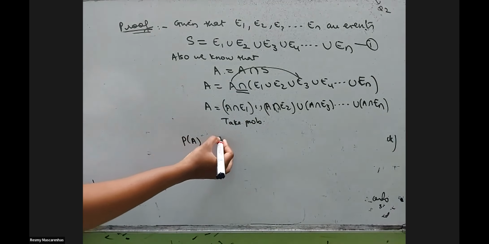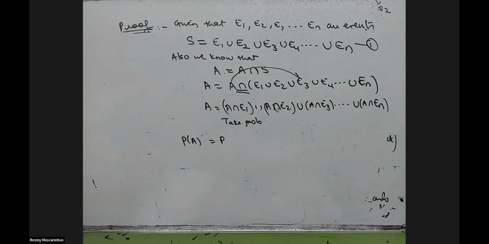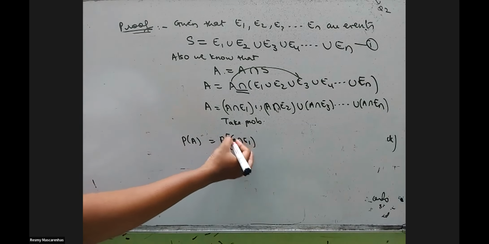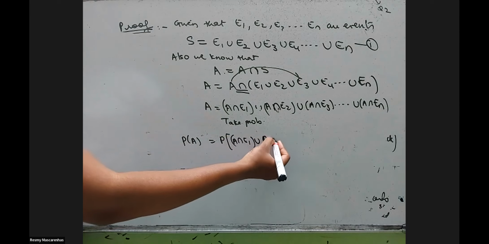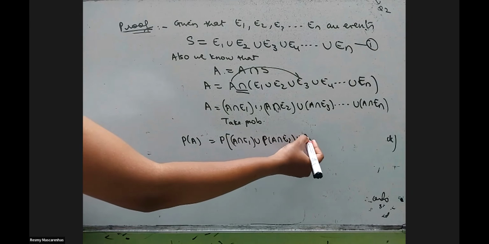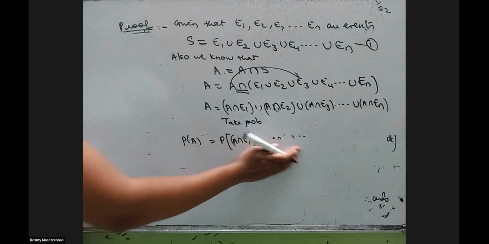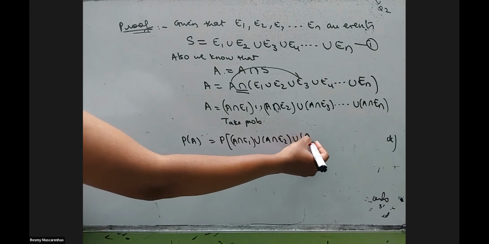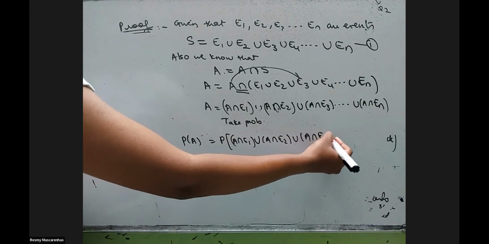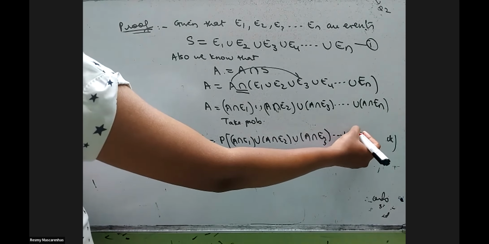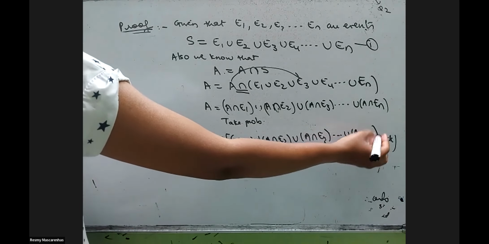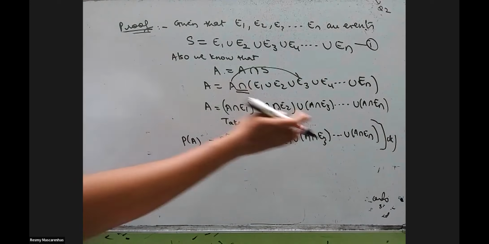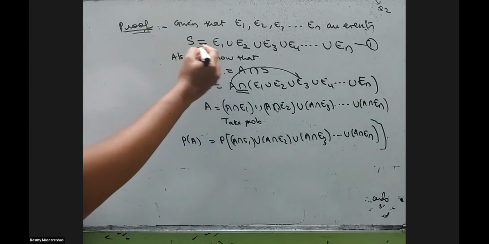This will be P of A. This will be P of... Now P is only outside. Now you know that one thing is they are exhaustive.